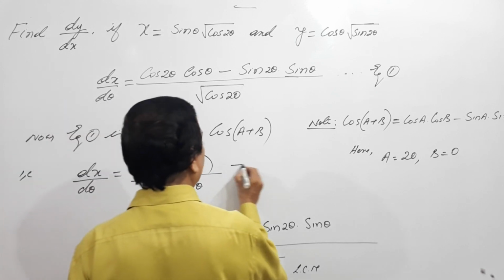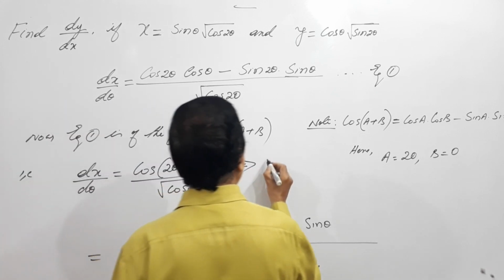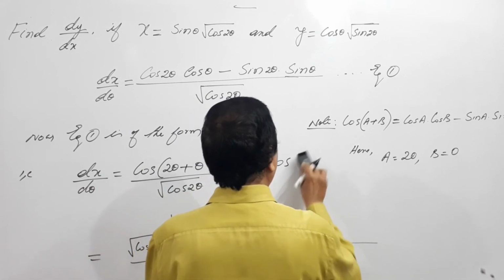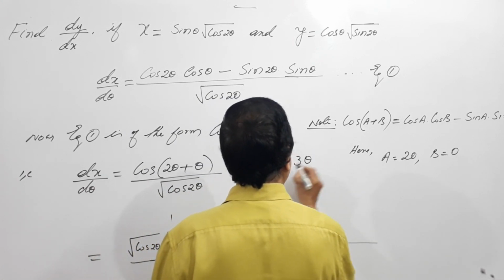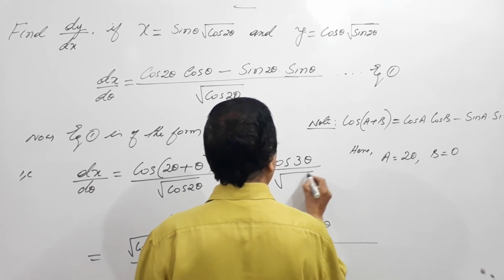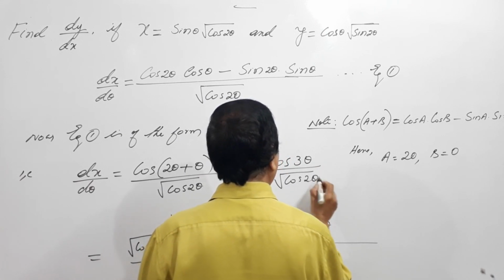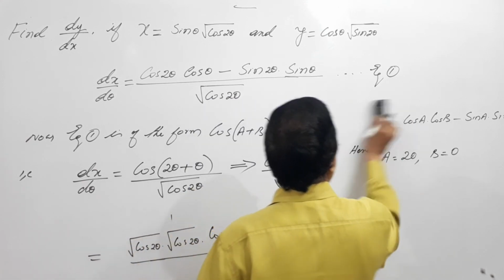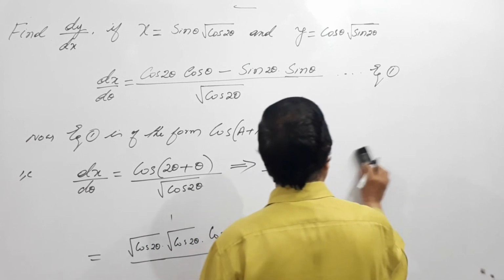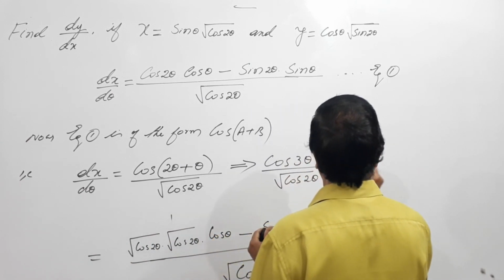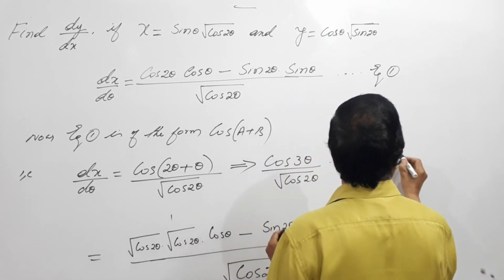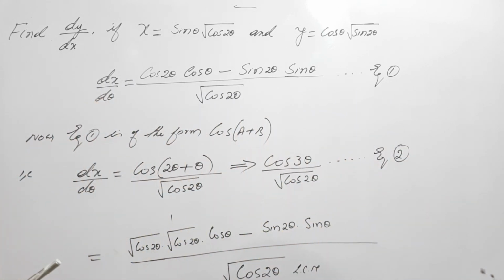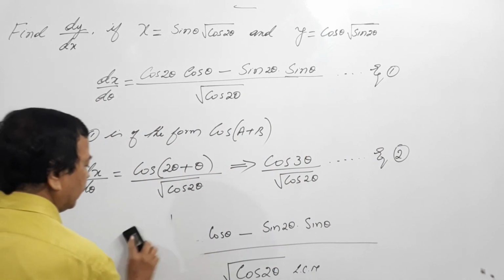And what is this? This is nothing but cos of 3 theta by under the root cos 2 theta. I call this equation 2.